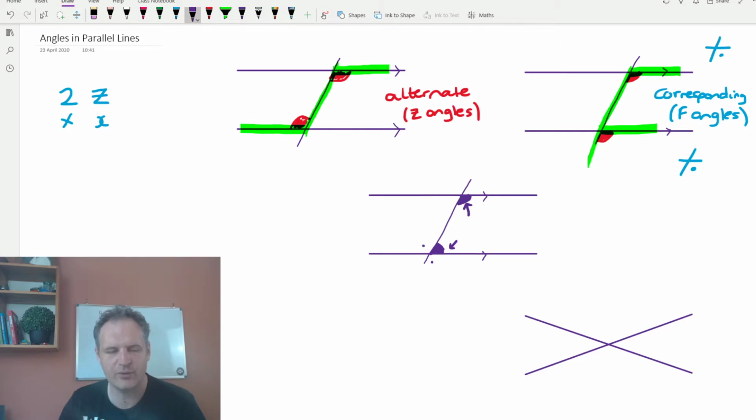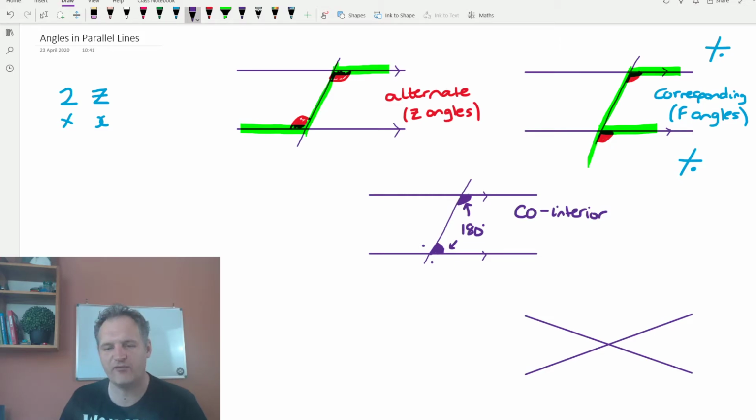This angle and this angle must make 180 degrees added together. So we can say that these make 180 degrees and they have a name. Co, as in coordinate, cooperate, co-op, means together. On the inside, interior. Co-interior, together on the inside.